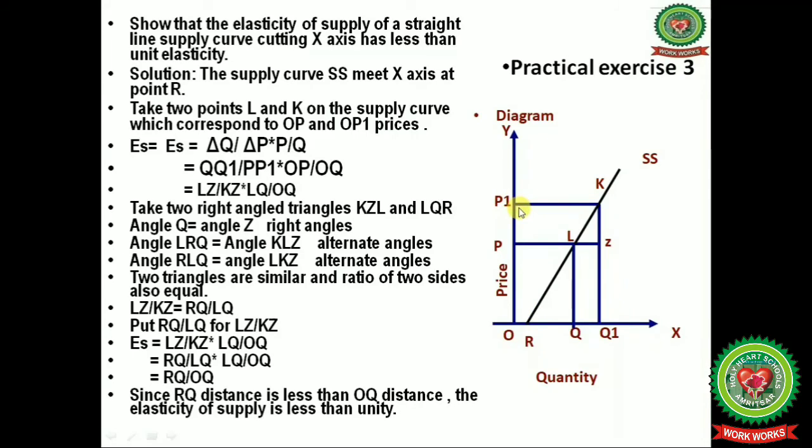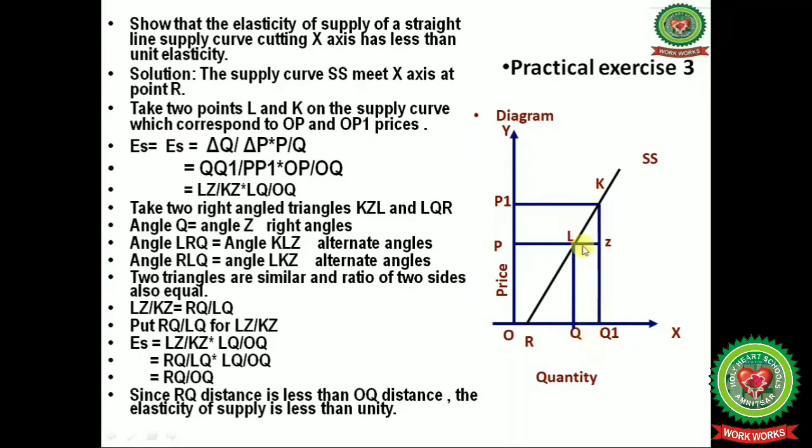Here elasticity of supply is equal to delta Q upon delta P multiplied by P upon Q. Now QQ1 divided by PP1 multiplied by OP divided by OQ. Now QQ1 is equal to LZ and PP1 is equal to KZ, multiplied by LQ, this is equal to OP. Now in place of OP you can write LQ divided by OQ.